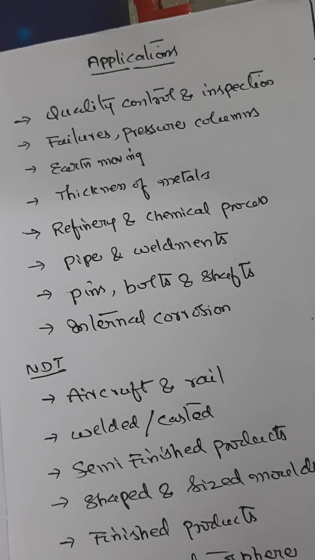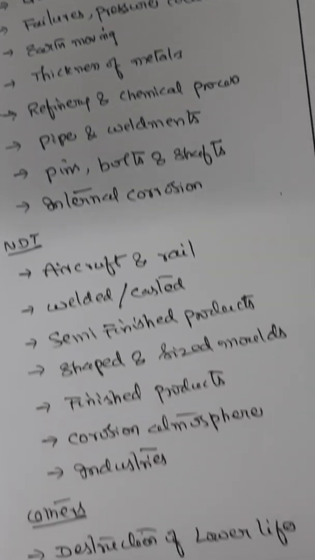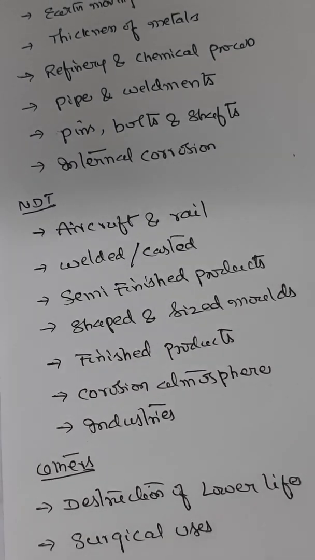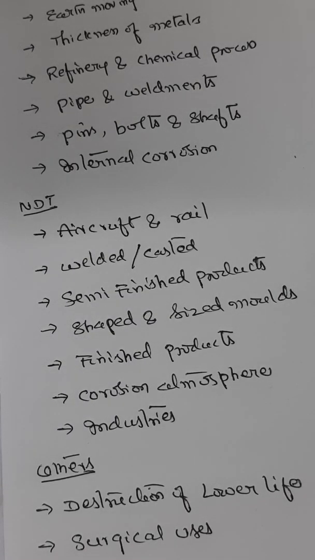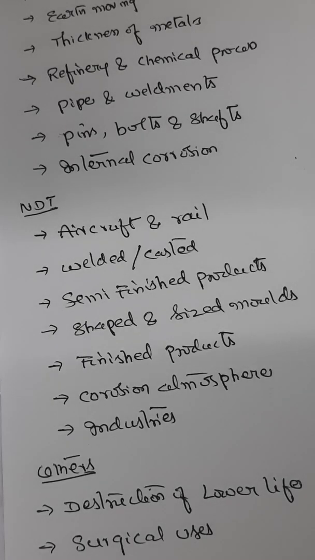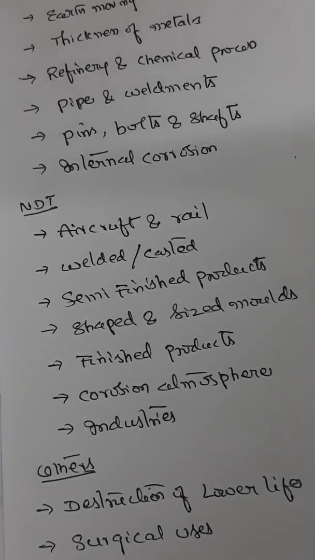But when you look at the applications of ultrasonics only in non-destructive testing of materials, you have certain applications listed here. Let us understand each of them as ultrasonic applications in non-destructive testing of materials. Ultrasonic testing is used in the routine inspection of aircraft and rail vehicles for fatigue cracks.